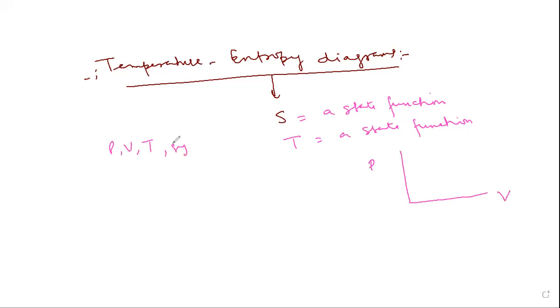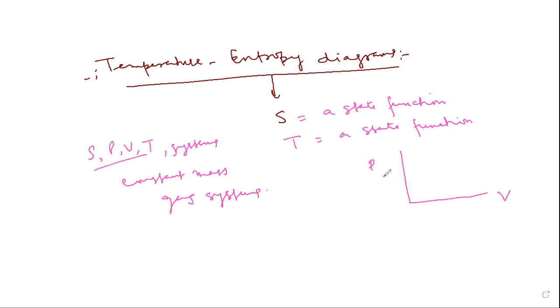PVT systems, that means those systems where we can use these three macroscopic variables to specify a thermodynamic state or equilibrium state of a system, like we talk of constant mass gas systems. Now, since entropy is also a state function, we can add S to this list also.